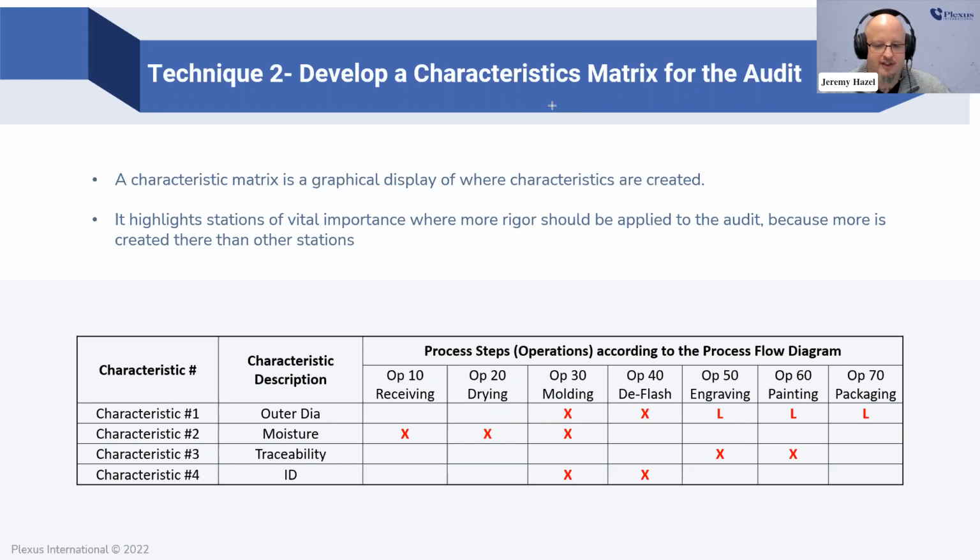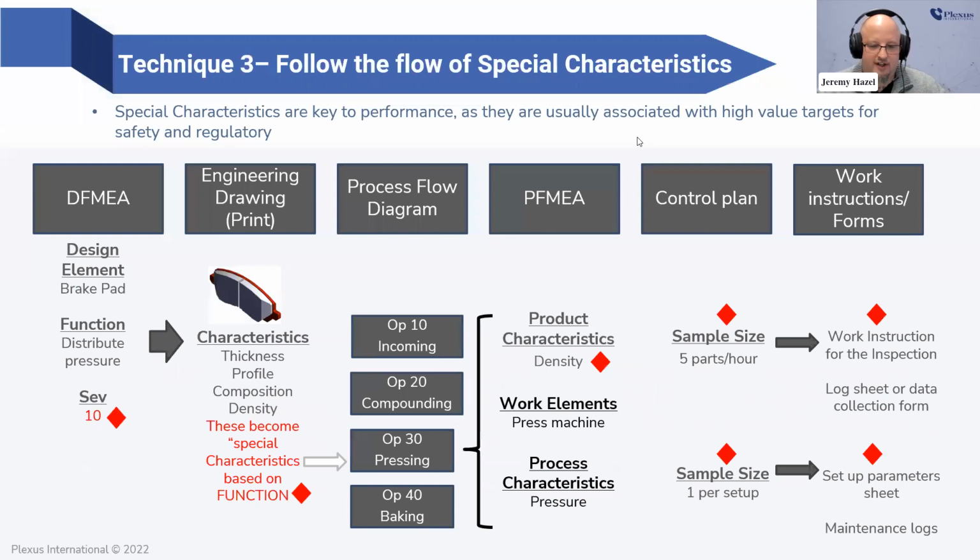Now, the third technique, one of the things I talk about, and you guys hit on it with the suppliers, follow the special characteristics. Now, what I have here, this may be the first time you've ever seen this, but for auditors, here is the flow and the way this goes.